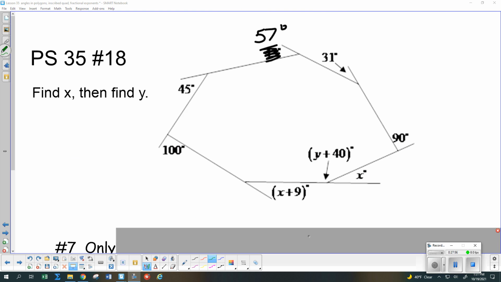So since we didn't do an example of this kind of problem, let's talk through number 18 together. So you see this figure. Do I have a circle? So is this that inscribed stuff that we were talking about? Nope. So look at where you have x's and y's in this figure. What kinds of angles have x's in them?